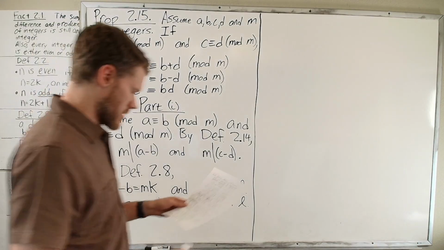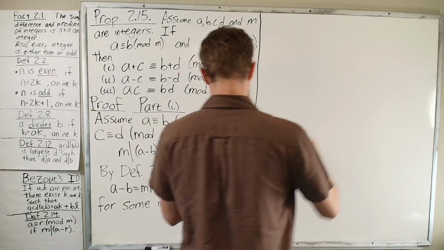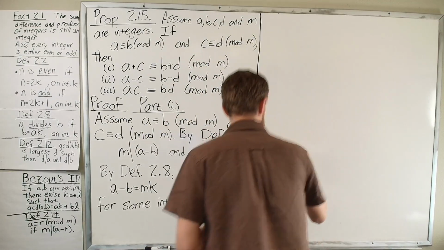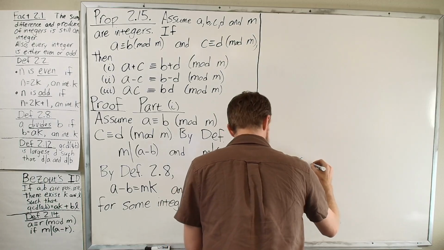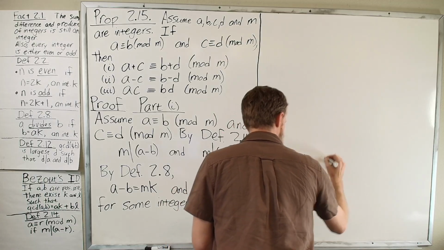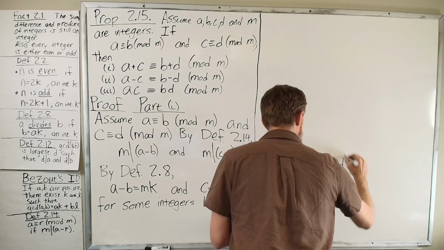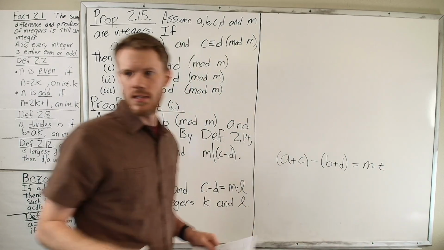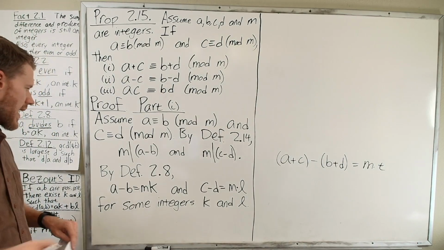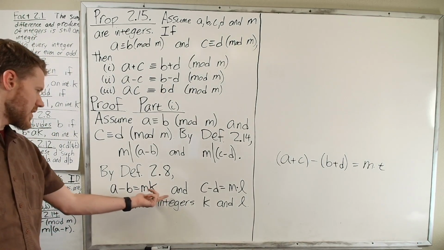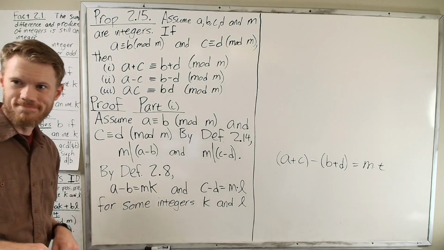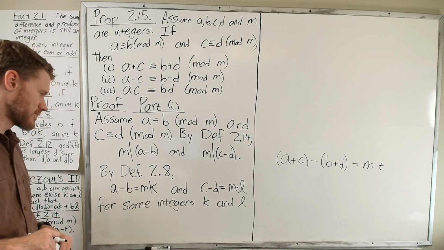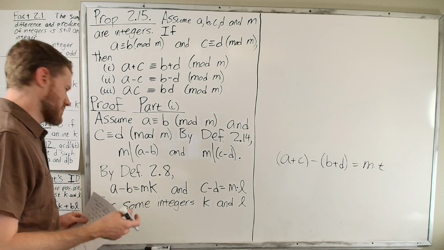So just for reference, we're trying to get down to the point a plus c minus b plus d is equal to m times t. That's where we're trying to get to. So do you see how to take this and get there? Yeah, it's what we just discussed, basically.